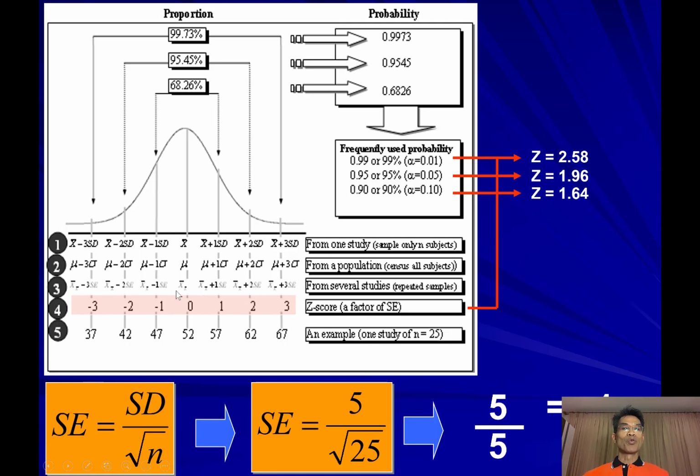But we have done only one sample with a sample size of 25, not repeated samples to get x bar of the x bar. What we need to assume here is that we will take x bar from only one study as if we get x bar of the x bar.